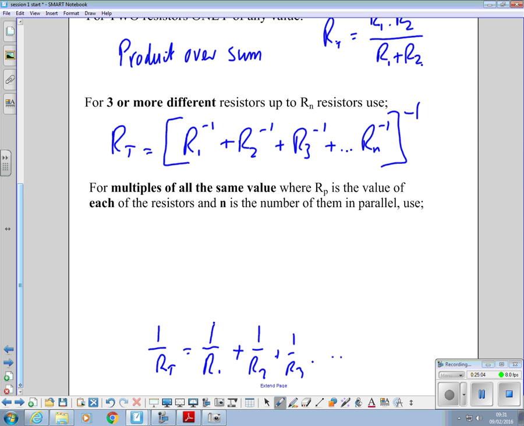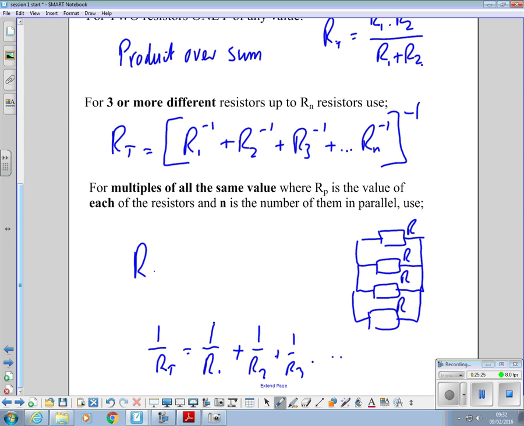So you've got, let's say, 4 of the same value resistor in parallel, but that can be any number, and they are all of value R. Okay, then RT is equal to that value R divided by how many there is. So if they were 400 ohm resistors, the total resistance there would be 25 ohms.